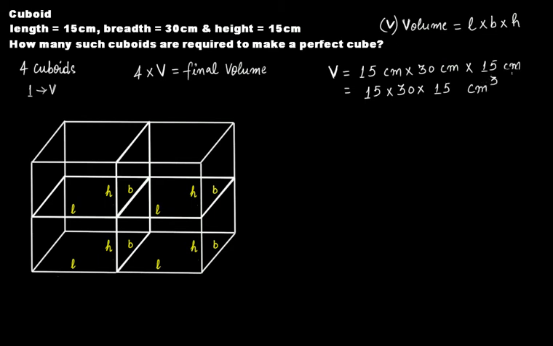Okay. Now if you want, then you can calculate the product of 15 multiplied by 30 multiplied by 15. Okay. So if you calculate this, we get 6,750.